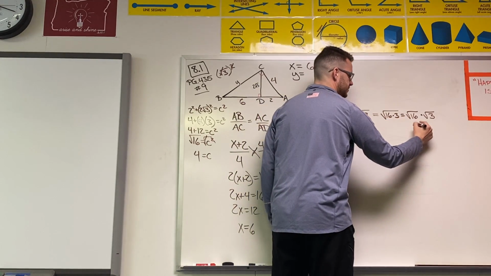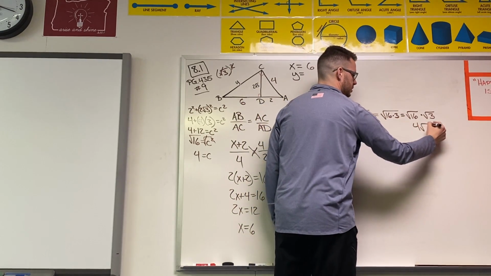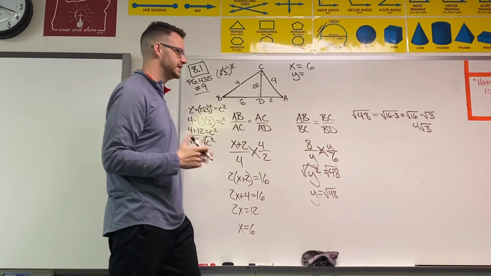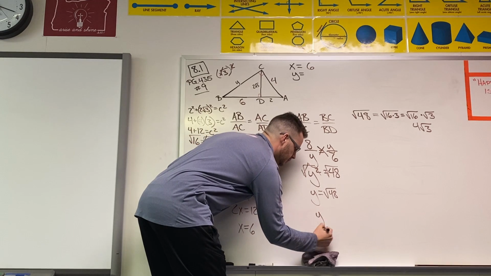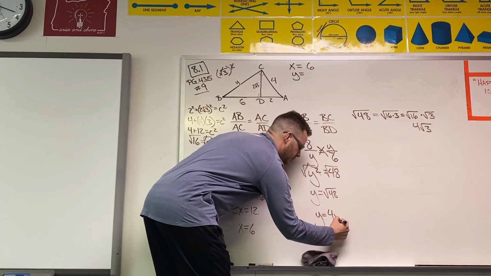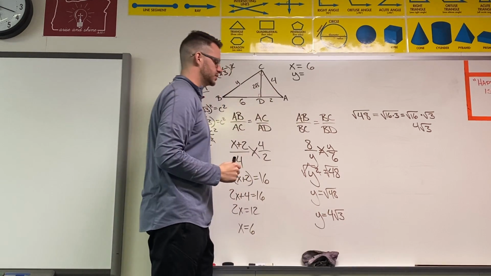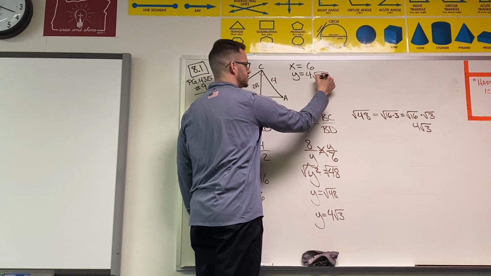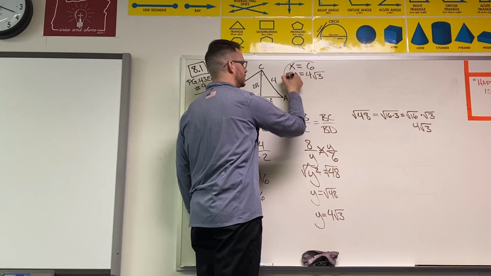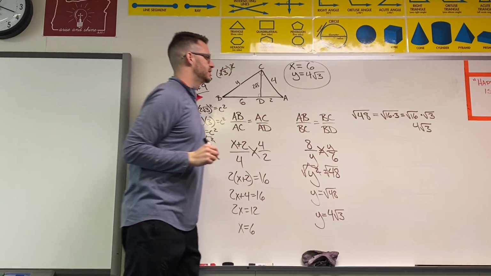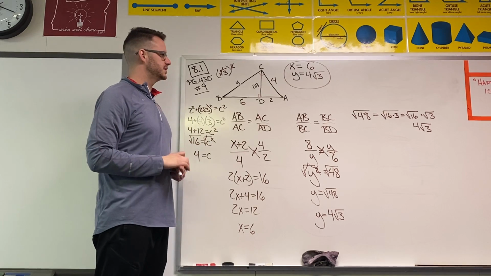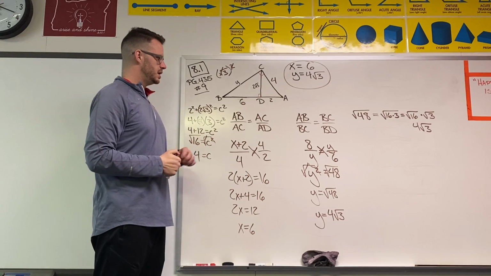Square root of 16 is 4. We're going to keep the square root of 3 to keep it an exact answer. So we can say y is equal to 4 times the square root of 3. So we would say here y equals 4 root 3. And there's our two answers, x equals 6, y equals 4 times the square root of 3.